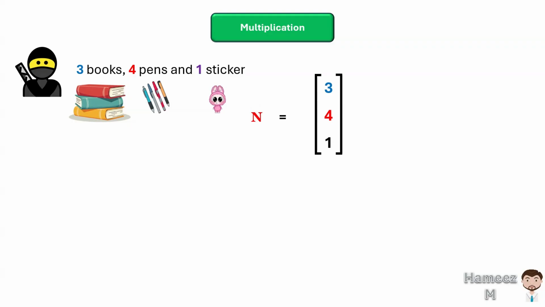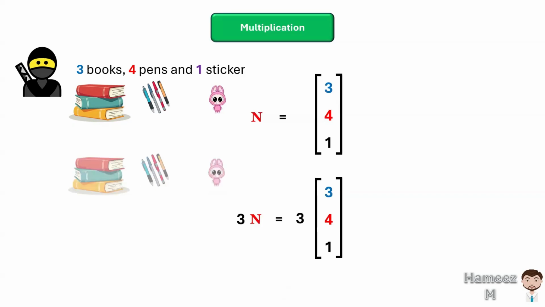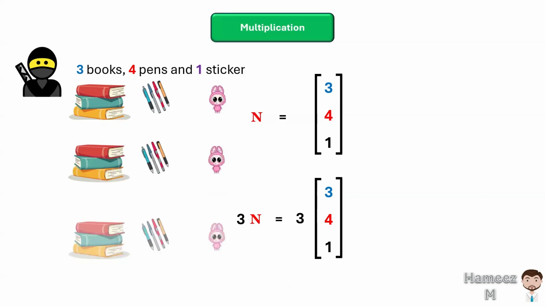And what happens if we have another Ninja here, but we're actually considering that he's doing this 3 times. So there are 3 sets of Ninja information, which means there are 3 more books and 4 more pens and 1 sticker, and another 3 and 4 and 1. So how many books do we have in all?